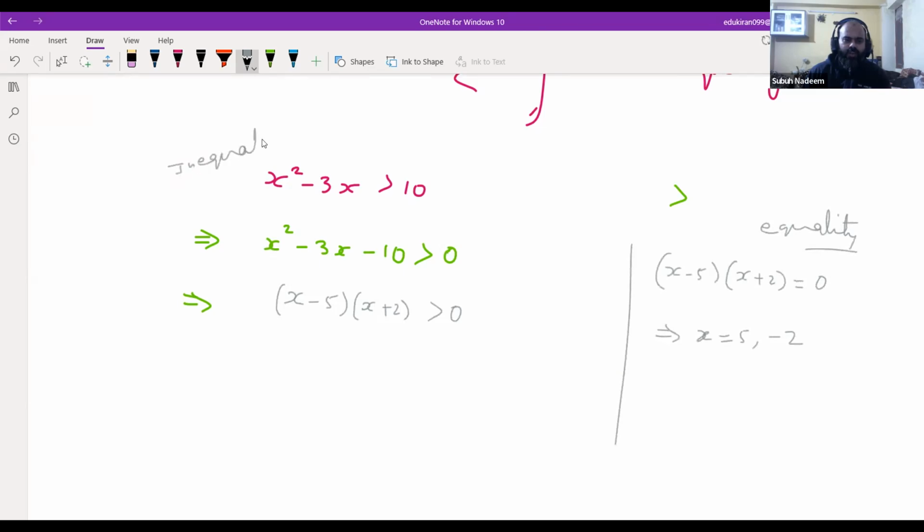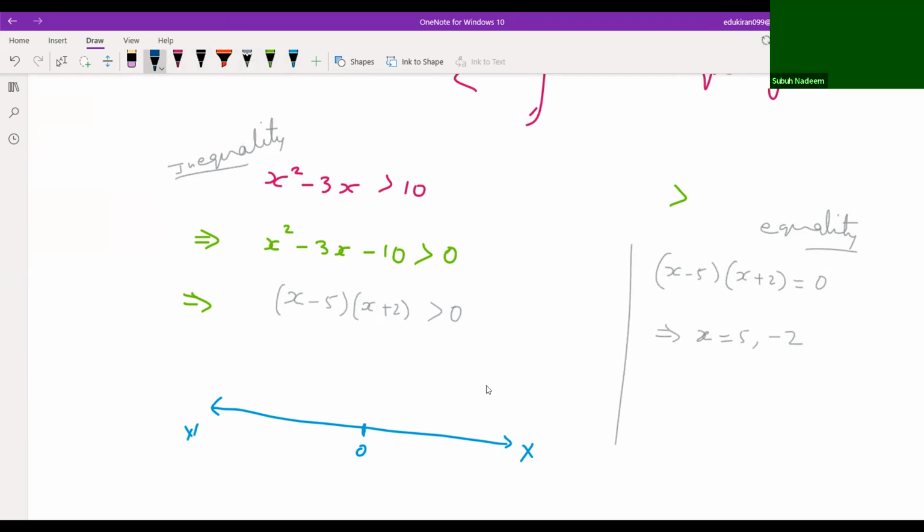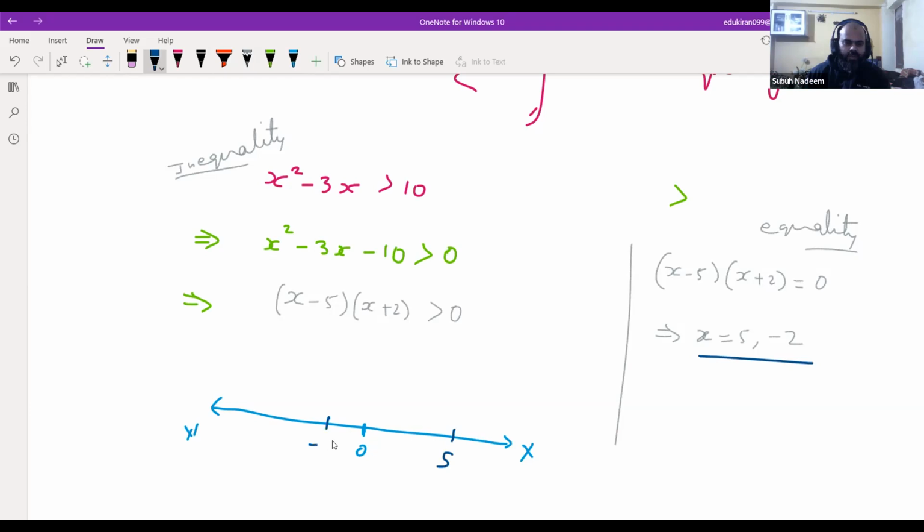So here what we need to do, we take the number line. So this is x-axis, which is the number line, x dash x. This is the origin, in between, 0. And then we plot these 2 points, 5 and minus 2. So 5 is here, minus 2 is here.